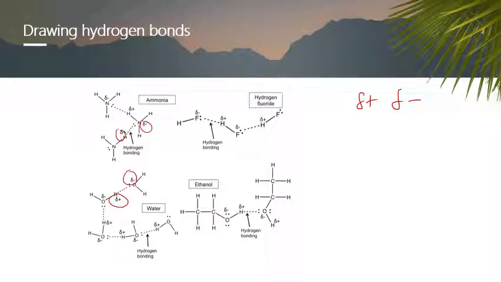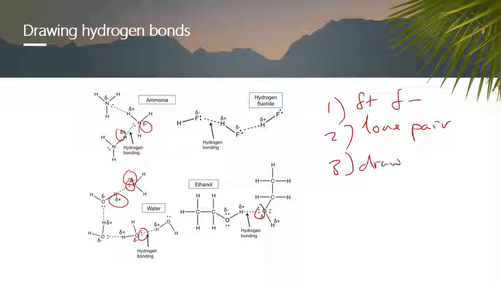The second thing we need to show is a lone pair, because the bond is directly pointed towards the lone pair. So you need to show the lone pair where the bond is pointing. Draw and label the hydrogen bond. Okay, so that's how we draw hydrogen bonds.